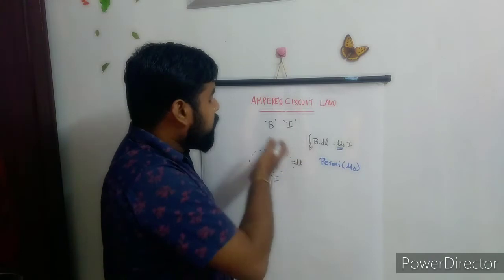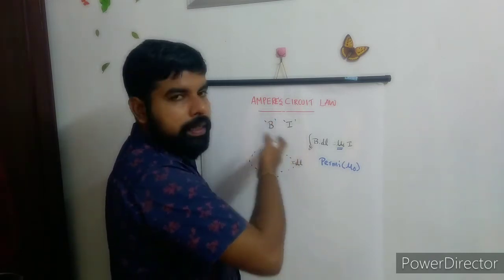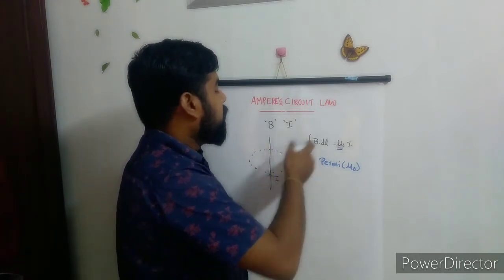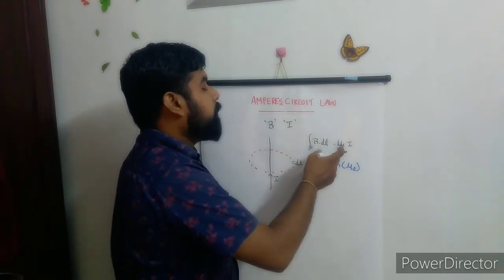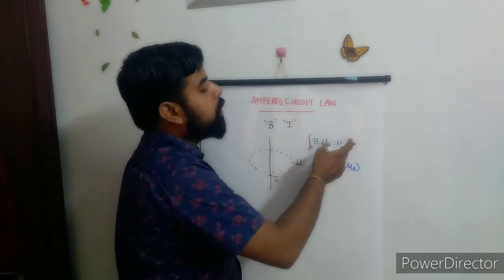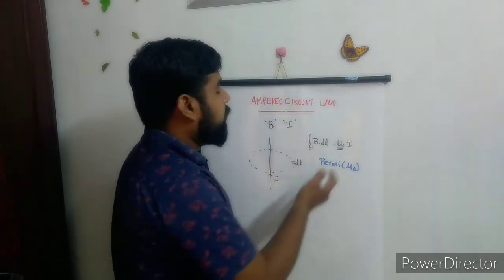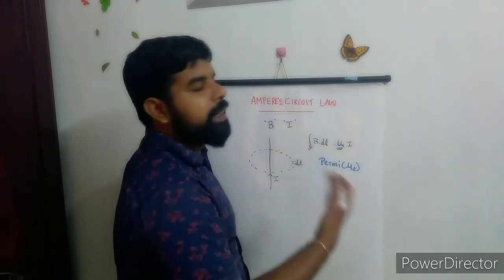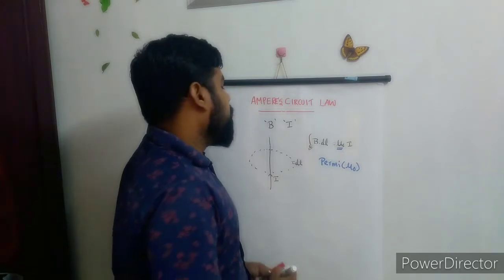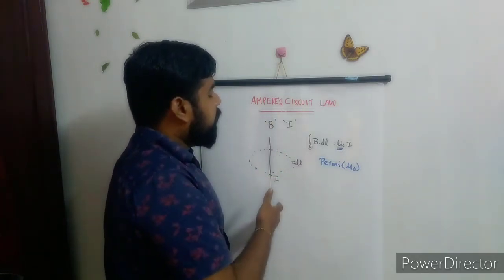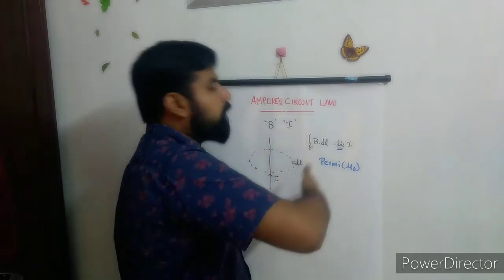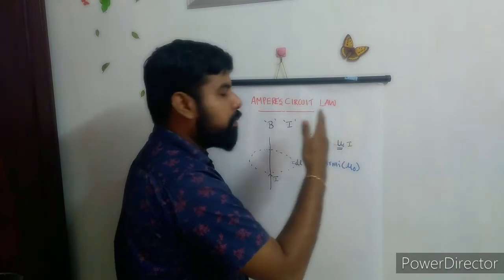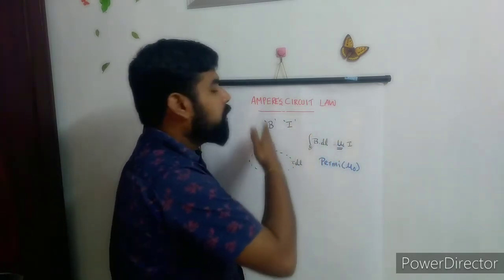The total magnetic field around this conductor placed in free space is the closed integral of B dot dl, equal to the permeability of that medium times the current. For iron, it is the permeability of iron times the current. All media have different permeability values. So the total magnetic field around that region is equal to the permeability of that medium times the current flowing through that region.